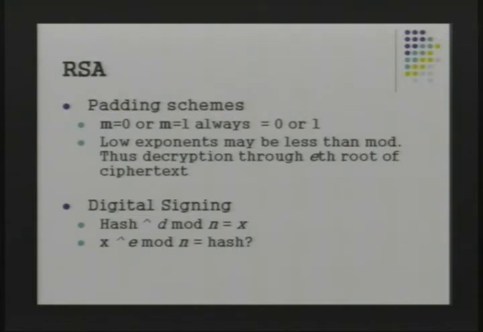And that will easily give it away unless you use some kind of padding. And low exponents may be less than your modulus. And if you use low exponents, that'll be too easy to decrypt. So you don't want to use low exponents. You've got to make sure you have high exponents. So computing power is definitely preferred with this.